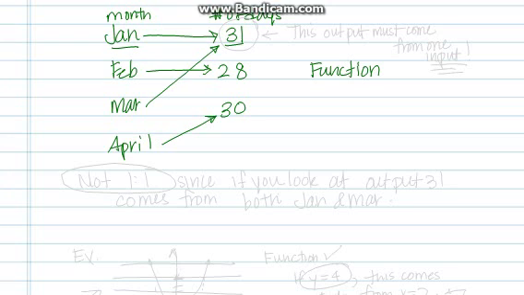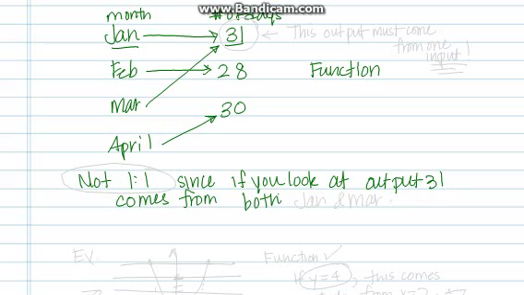Now on the other hand, this function is not one-to-one, since if you look at the output of 31, it comes from both April and January, and March.